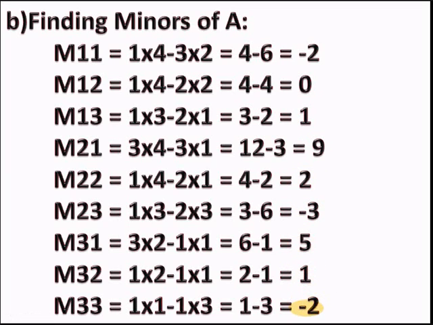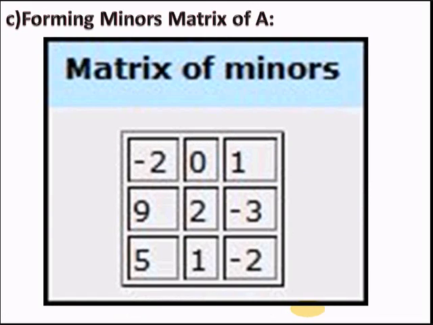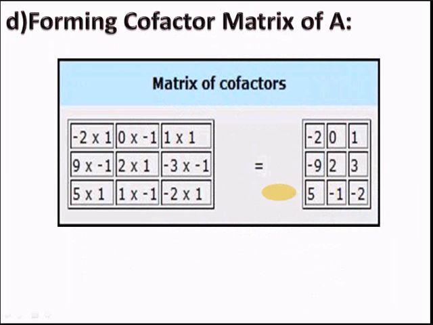Next, from that matrix, we have to calculate the cofactor matrix. Cofactors are the signed minors. With the position, we have to calculate the cofactor, that is minus 1 to the power i plus j into Mij.